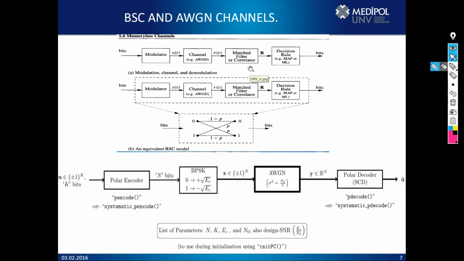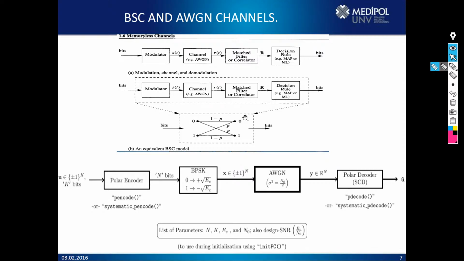So now you have this channel. When you have the BPSK modulator and additive white Gaussian noise, you get an equivalent channel. We call it a binary symmetric channel, where the input to the channel is 0 or 1 and the output is 0 or 1, but with different probabilities.